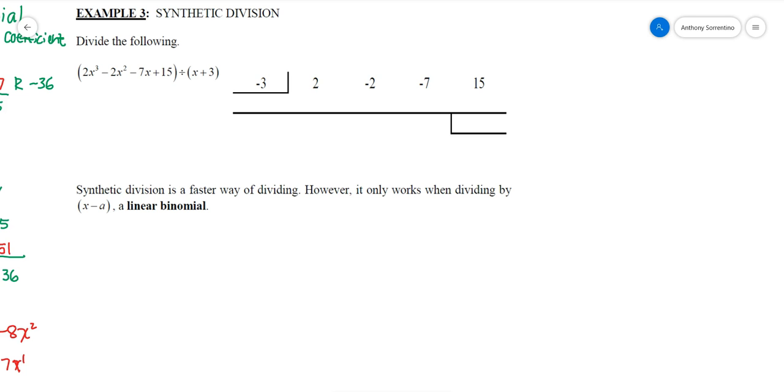Now notice in example 3, I have this exact same thing as I did in example 2, part B. But here's what's different about it. I'm going to take what's inside the first quantity, the first expression, the one with the higher degree. And all I'm going to do is write the coefficients.